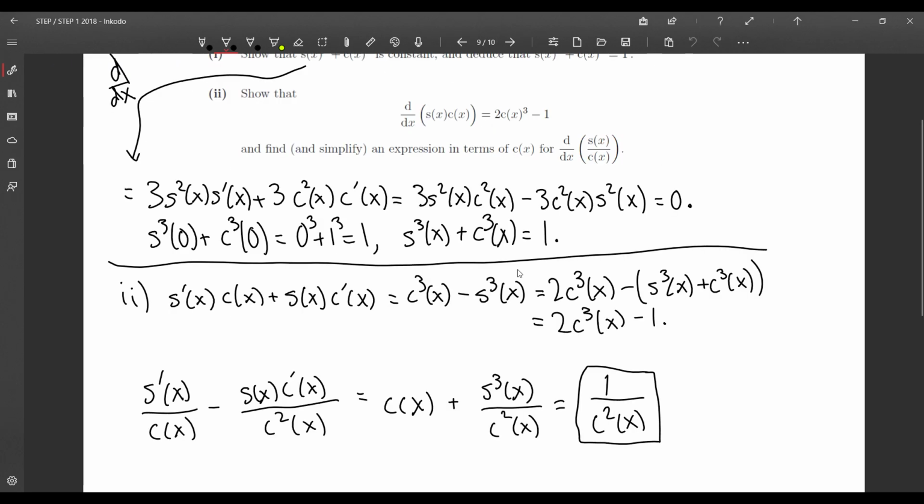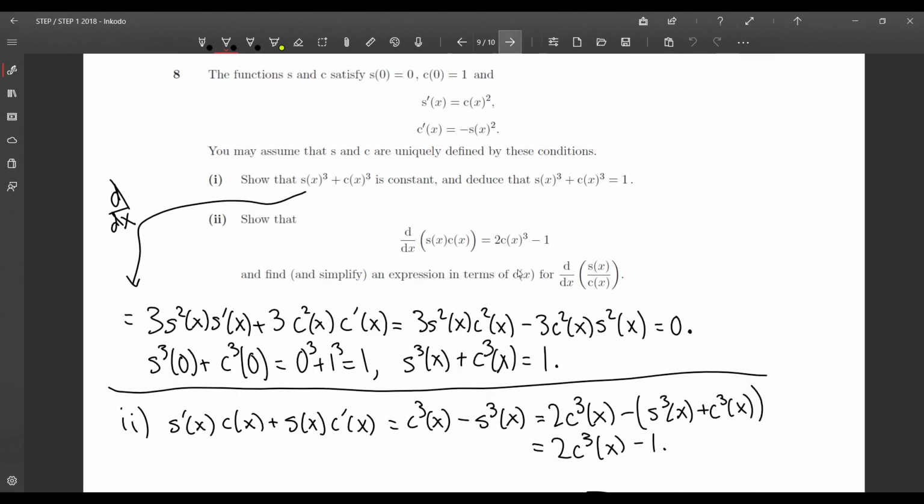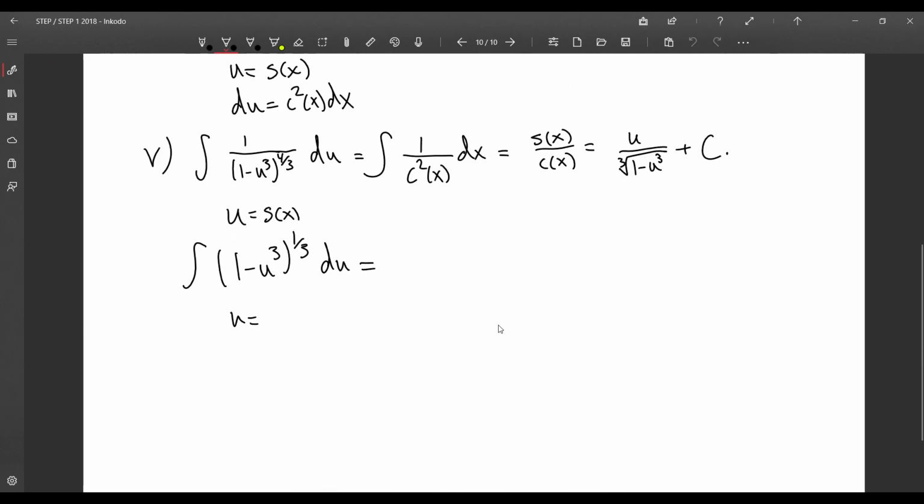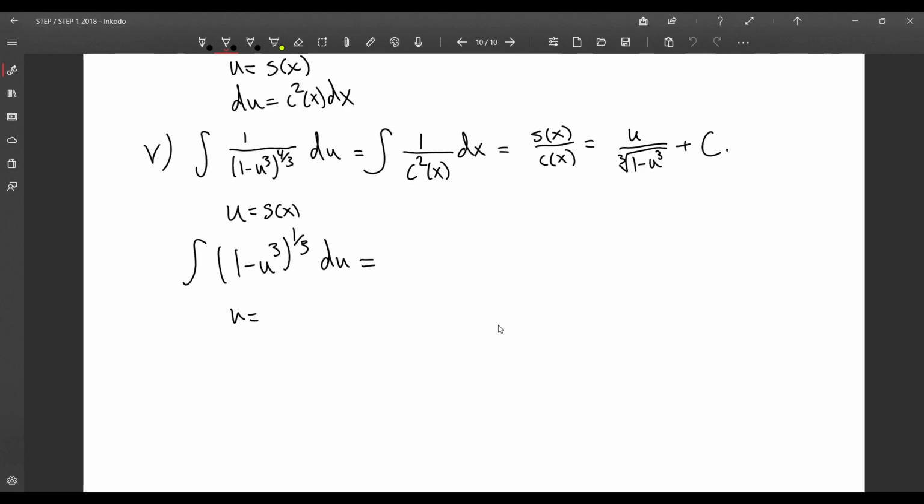And then we're probably going to use this, maybe? I don't know. Again, we're just going to go with u equals s.